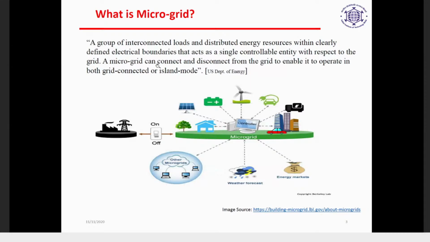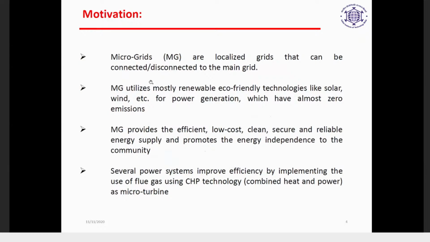Let's just go further. So the motivation is that microgrids are localized grids that can be connected to and disconnected from the main grid. Some of these things I've already discussed. Microgrids are important nowadays because of the efficient, low cost, clean, secure, reliable energy supply.